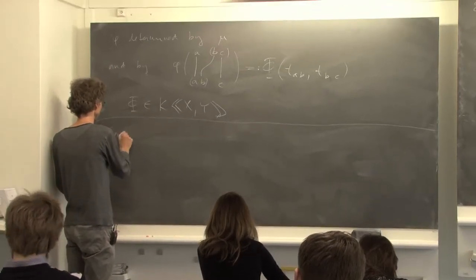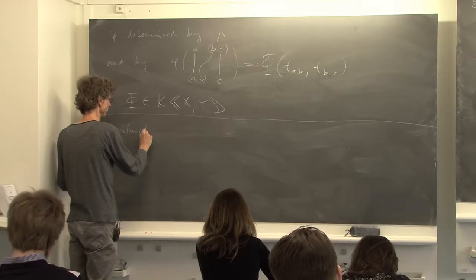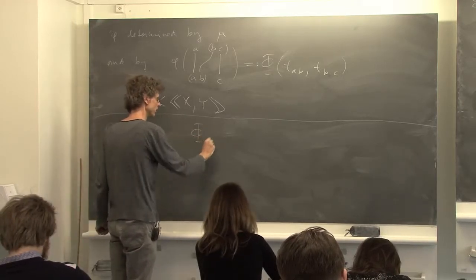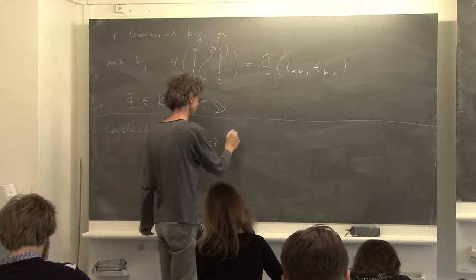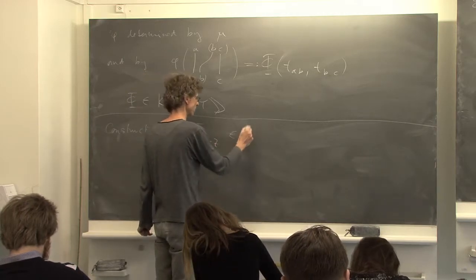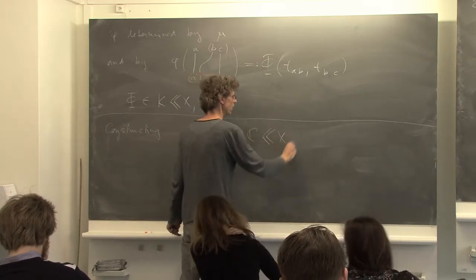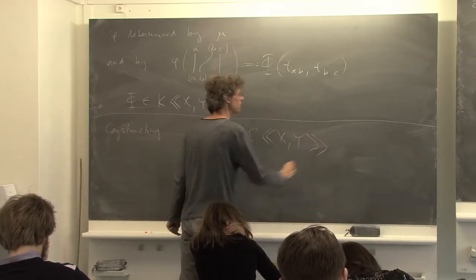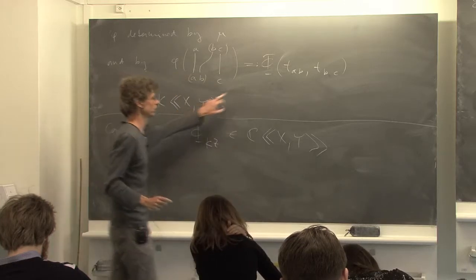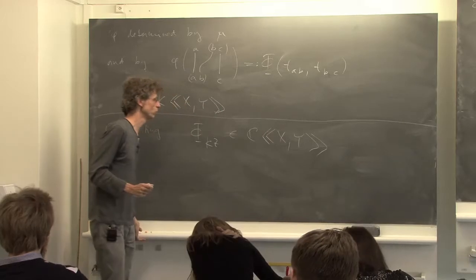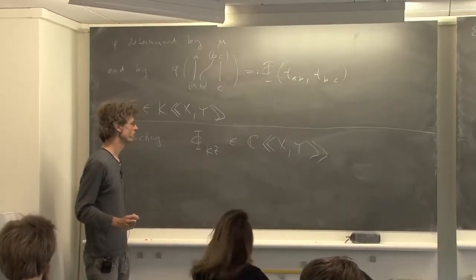So constructing something that is going to be called phi KZ, or it lives in C, x, y. So this x is like this TAB and y is TBC, just so that you don't have to write too many indices.